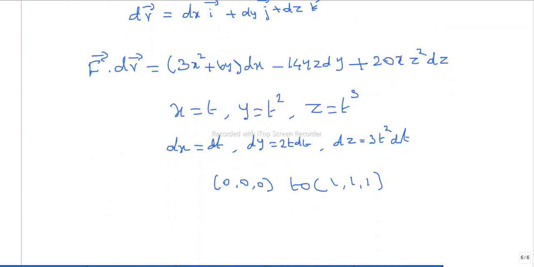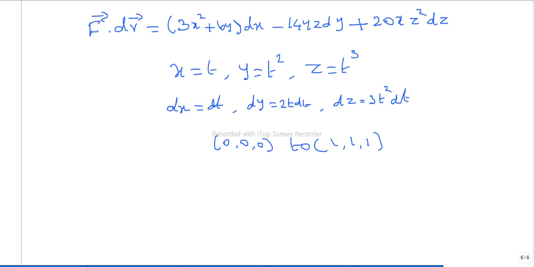If x is 1, then t should be 1. Therefore y should be 1, z should be 1. So when the points move from this to this, t varies from 0 to 1.